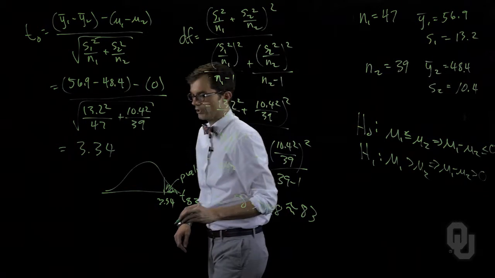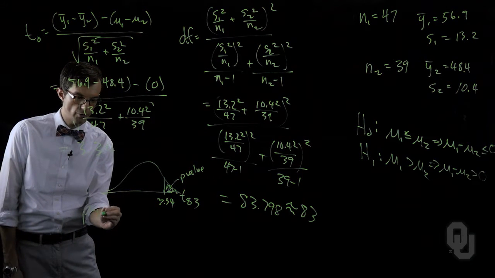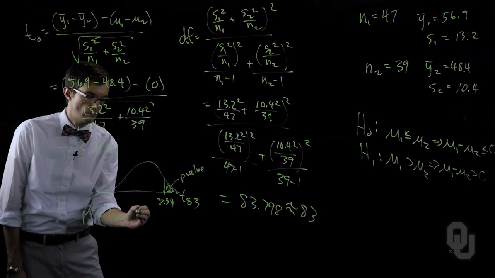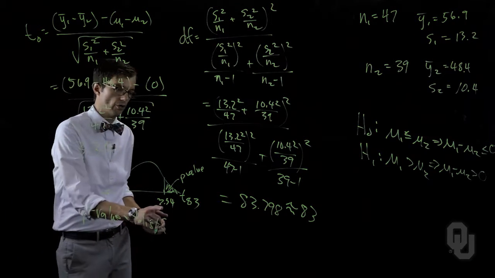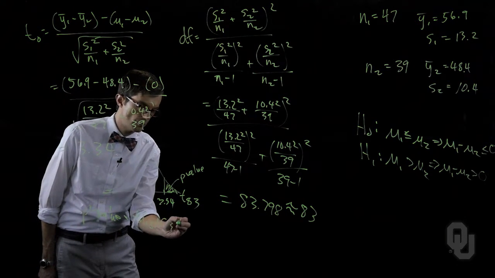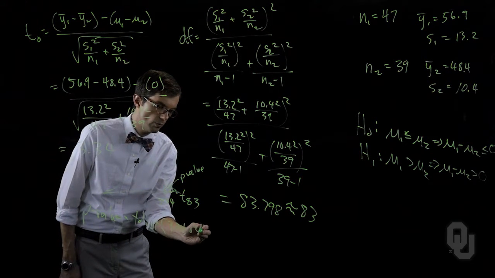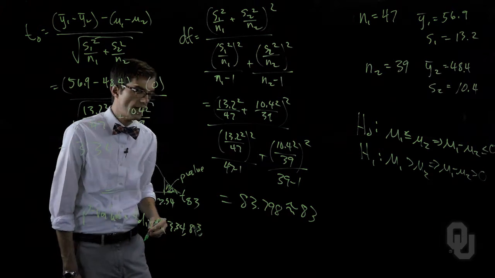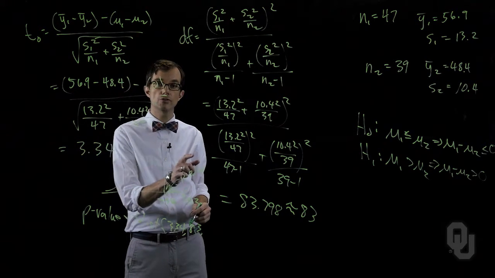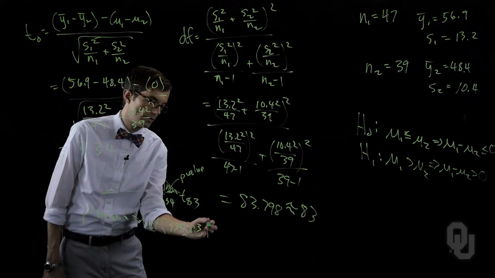The function we're going to use in Excel is the TDIST function. So for our p-value, we'll use the TDIST function. We'll read in our test statistic, the value on the axis, 3.34. We have to give it our degrees of freedom, 83, and whether this is a one-tail or two-tail probability that we want, and we want a one-tail probability.